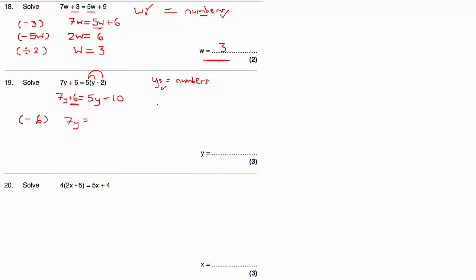So first objective achieved, but we've took 6 off the left, so we have to do the same on the right. Now this time we've got minus 10, so we have to take 6 off minus 10. So minus 10 minus 6 becomes minus 16.